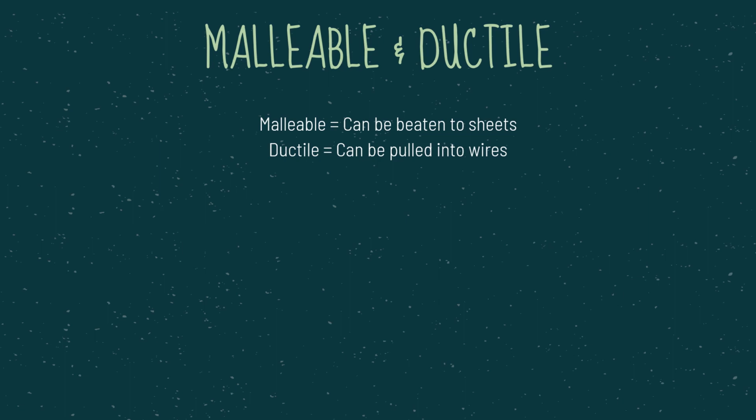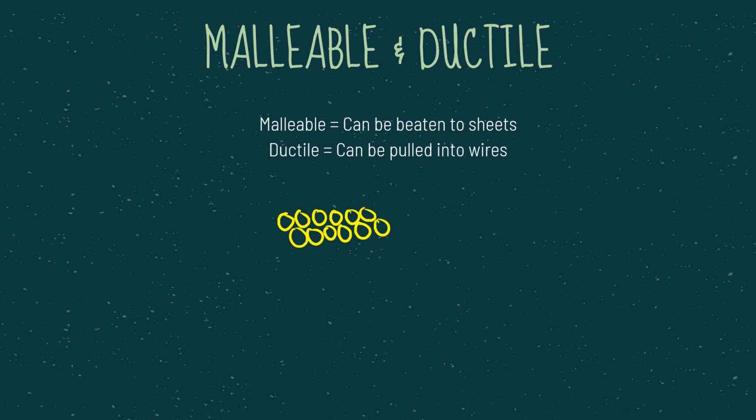Lastly, we have come to the malleable and ductile part. Malleable means can be beaten into sheets, and ductile means can be put into wires. This means that the metals are a little flexible. To illustrate why, I'll first draw the metal atoms. Metal atoms look like this. They're all regular shaped spheres, like your solid particles.